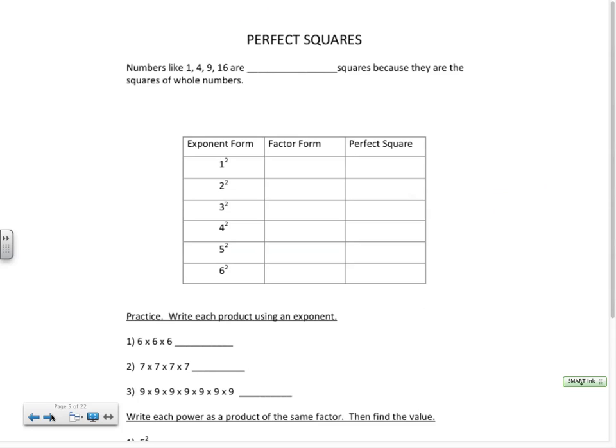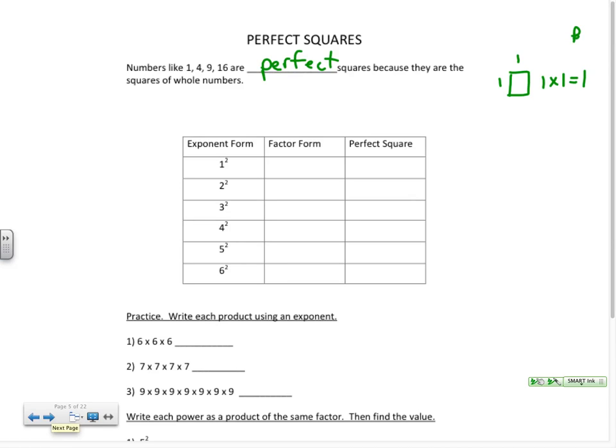All right, numbers like 1, 4, 9, and 16 are called perfect squares because they are squares of whole numbers. So I'm going to show you a visual here. We have a square, and we know the characteristics of a square are they have all sides equal, all right angles. So if these sides were equal, and that was 1 square unit, its area would be 1 times 1, which is 1.